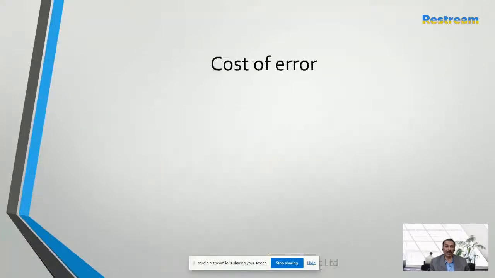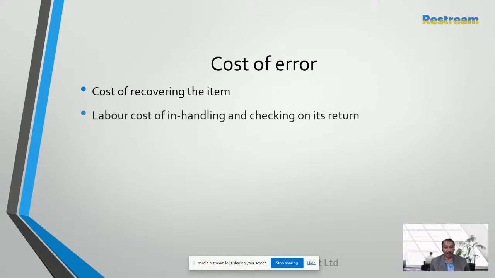And you should also know the cost of error in the picking process. If you are committing any error, for example, you are picking a wrong item or wrong quantity, then it is going to be very expensive, because the cost of recovering that item will be very expensive. Labor cost of handling and checking on its return.